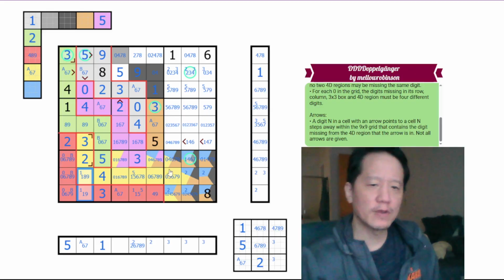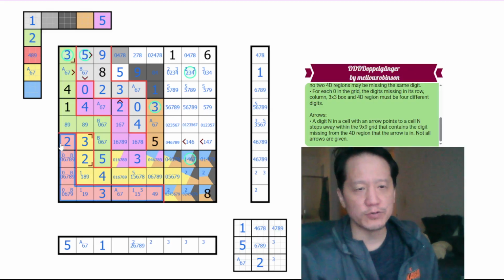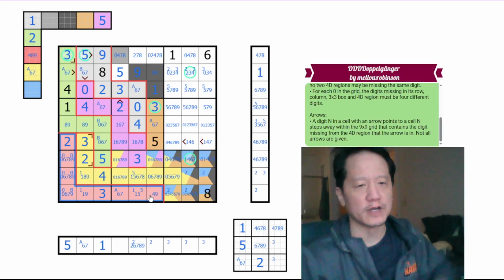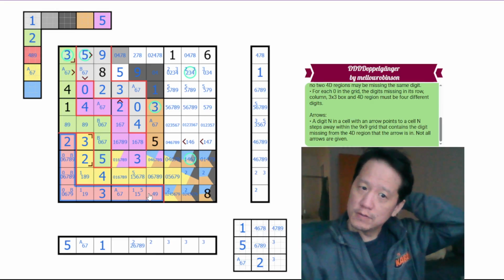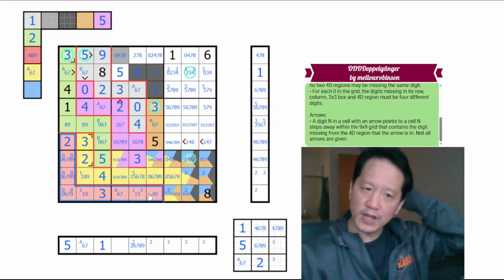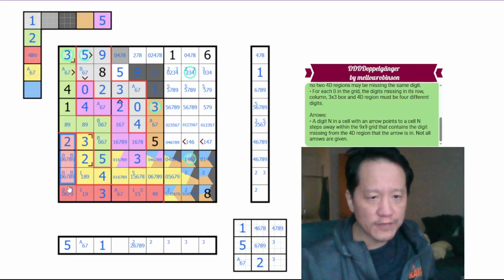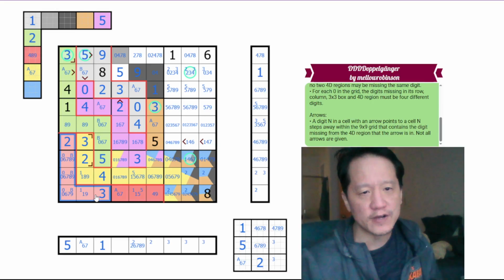Okay. How does the red interact? So we're missing in red 4, 8, or 9. We have to have a 5. And 5 can't be here because of 5 in the box, and these are filled out. This can't be 5 because the yellow's missing it, and it can't be missing a 5. It's missing 6 or 7.